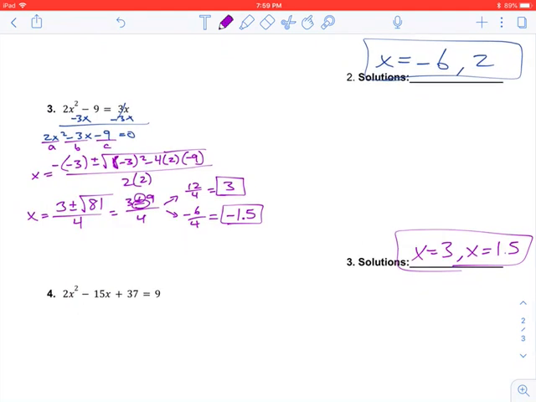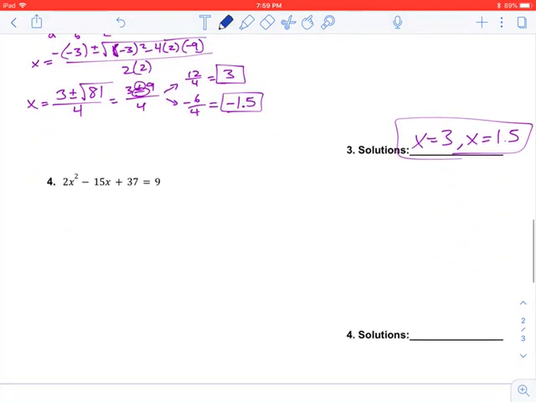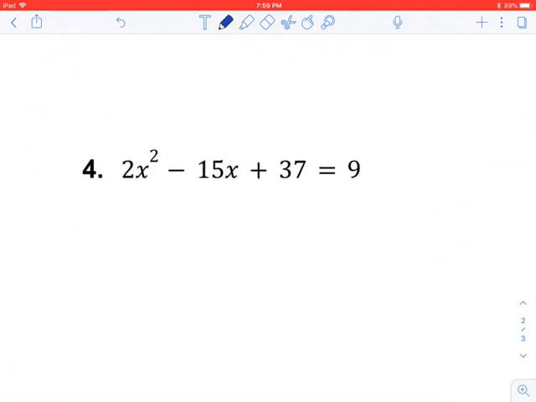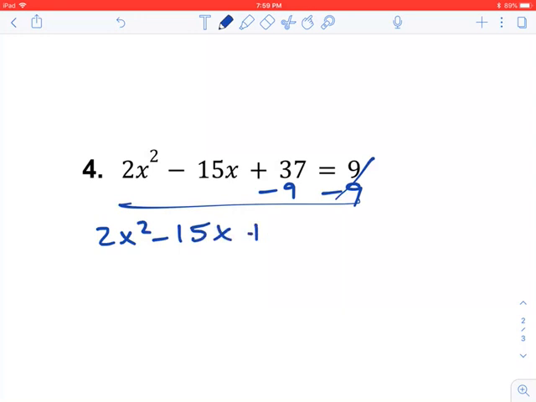All right, and then the last one we have positive 2x squared minus 15x plus 37. So I'm going to subtract 9 to get it equal to 0 first. I have 2x squared minus 15x plus 28 equals 0.